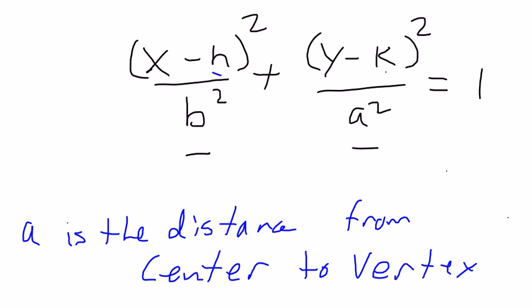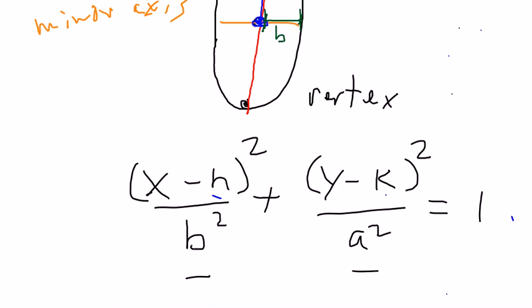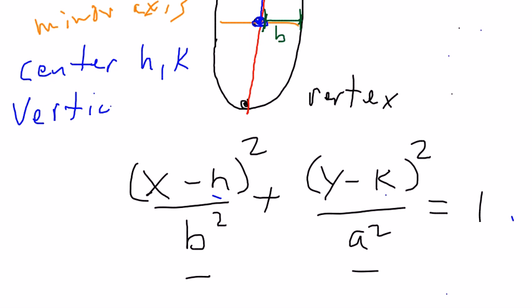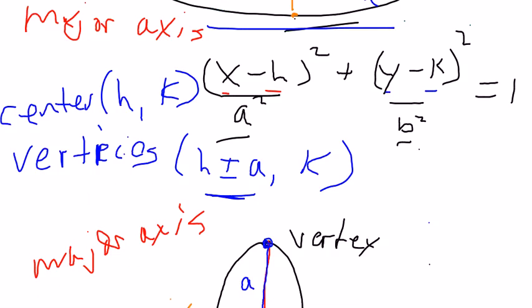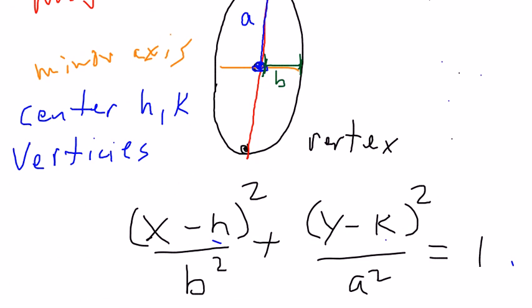My vertices down here, so the center is the same. Center is still h, k, but this time my vertices, I spelled vertices wrong up here, didn't I? There you go, for those of you that don't like that. Okay, so vertices, this time it's going to be h, but my k is going to be plus or minus a.